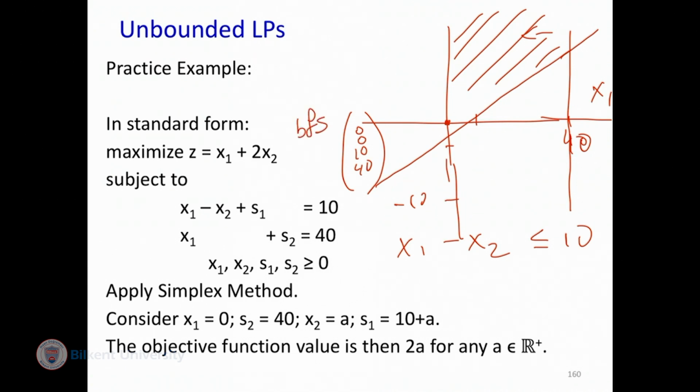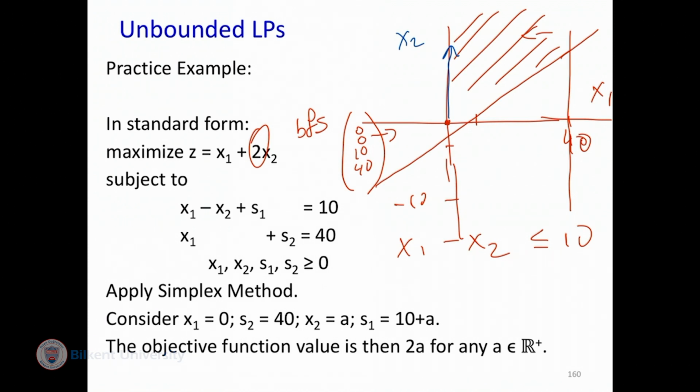And if you go back to your tableau, we have seen that I can increase x2 indefinitely, per unit improving my objective function by 2. And there's no bound that x2 can take, right? I can make my x2 anything I like. I can increase my x2 in this direction, and I can make my objective function value better and better.